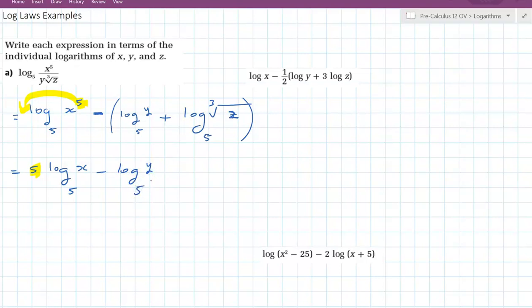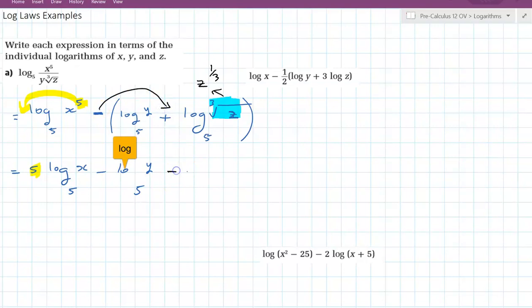And then in this case, the cube root is actually z to the power of 1/3. That's what that is. So we can do plus, actually that's a negative because the minus multiplies as well.